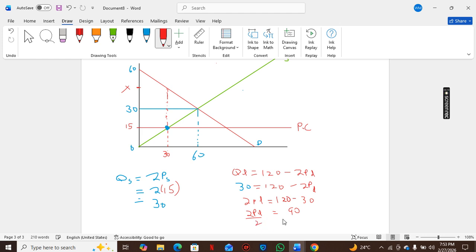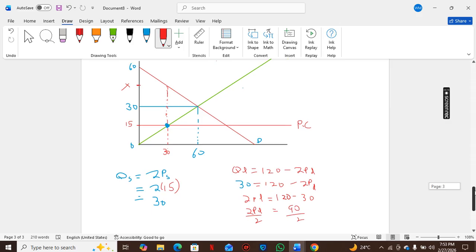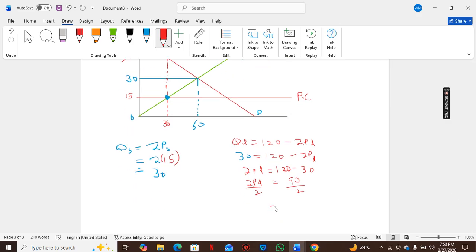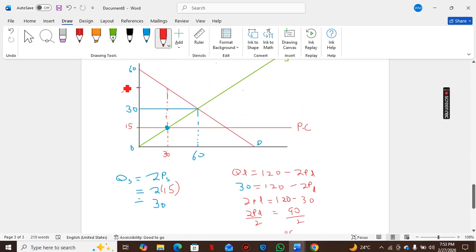So divide both sides by 2. The price is going to be 45 kwacha. So here we have put this X here, we're going to put 45 kwacha.